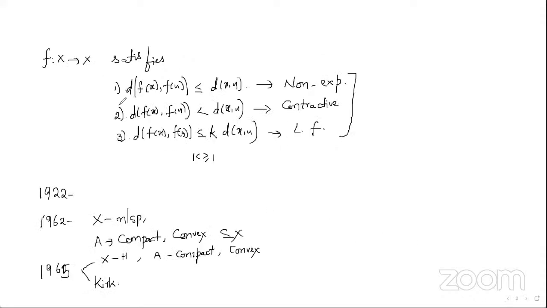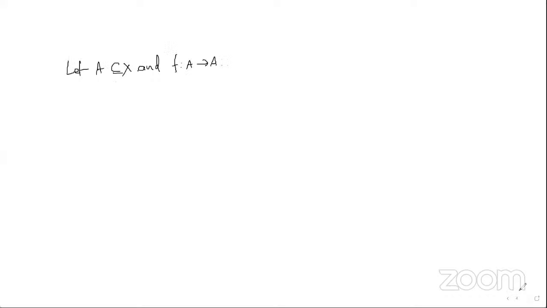In 1965, Kirk proved that if A is a subset of a nonlinear space which is weakly compact and closed, having normal structure, and if we have a function from A to A which is non-expansive, then A will have at least one fixed point.